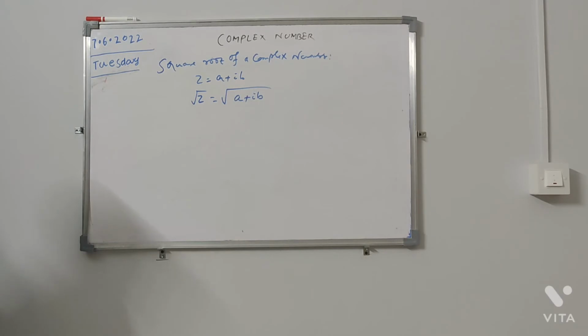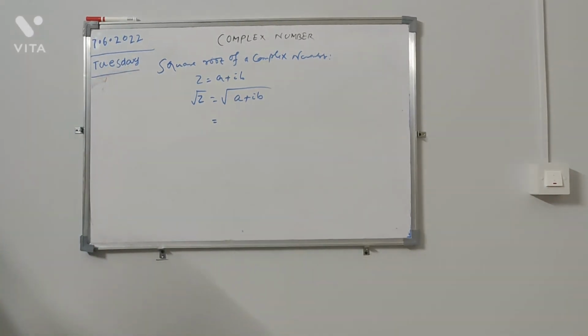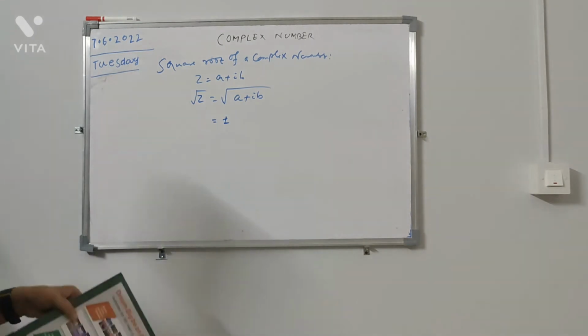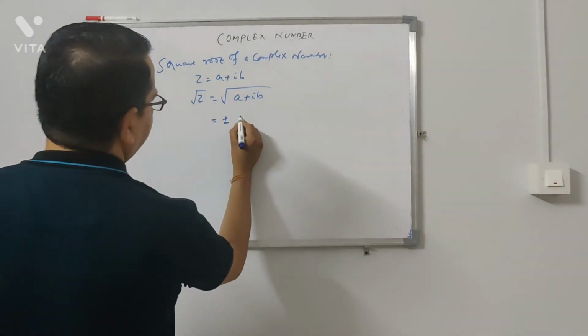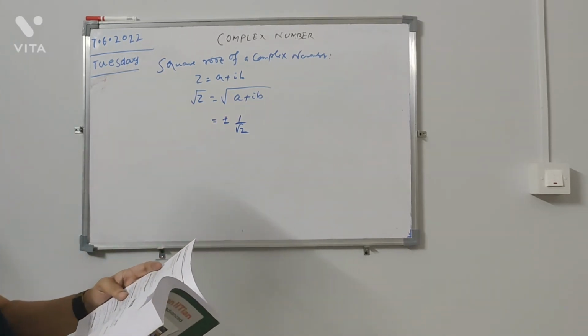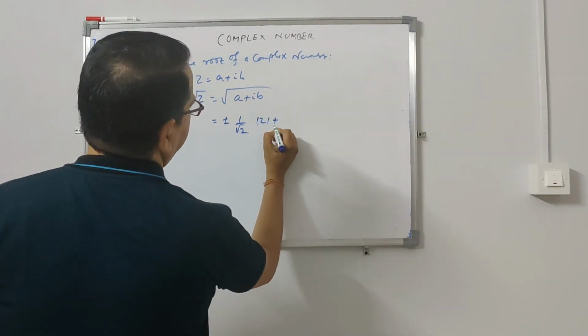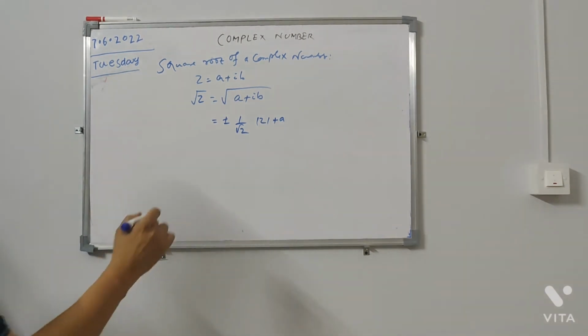So what it will be, you can write it as plus or minus 1 by root 2, then modulus, the magnitude. Modulus z plus a, square root.